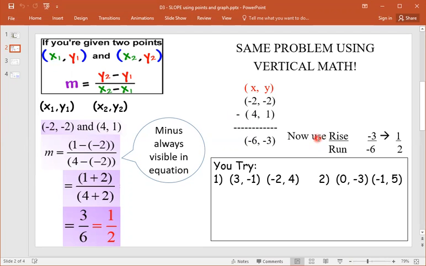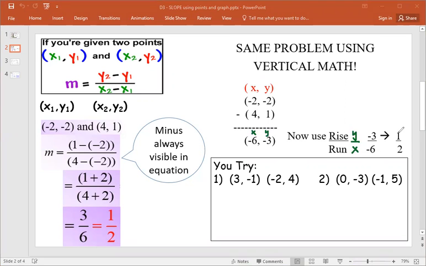But now I'm going to use this rise over run. Okay, when we use the rise over the run, rise is y's over runs x's. So remember, this is the x and the y. So -3 divided by -6.